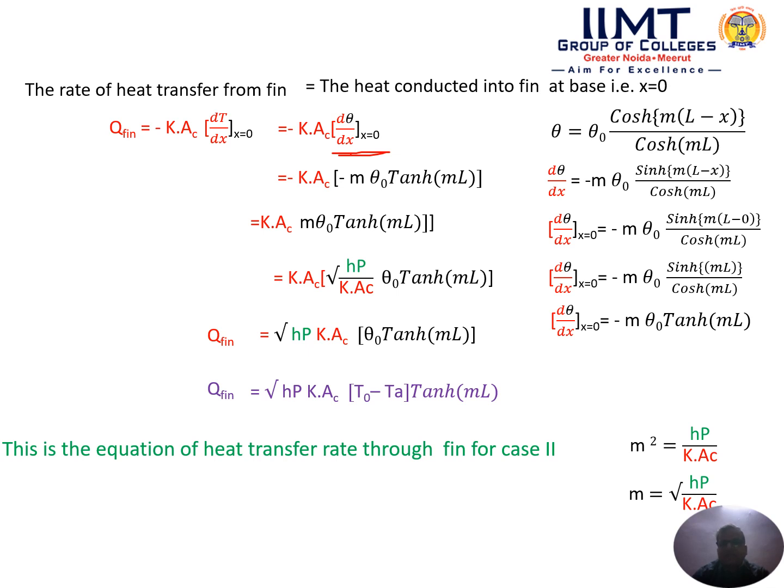This is the heat transfer rate through the fin for case number 2, that is, when the fin is finite long and the tip is insulated. Clear? There is no heat interaction from the tip. That is only for case number 2.